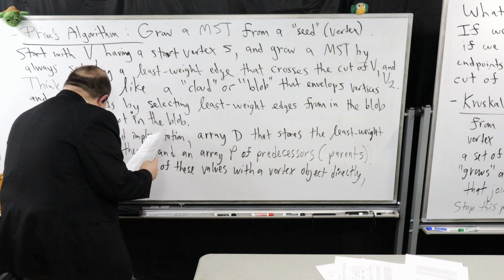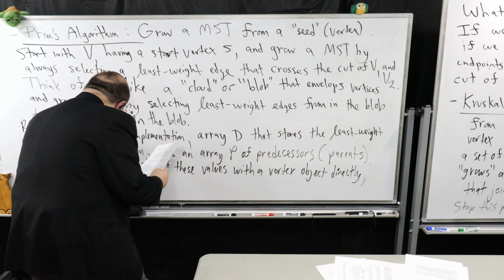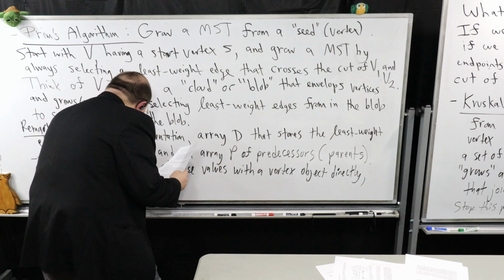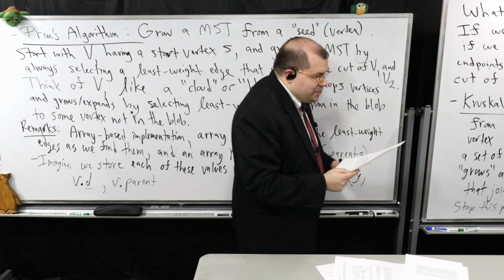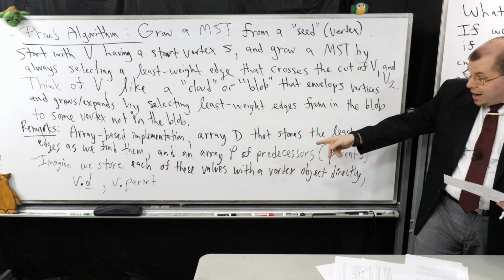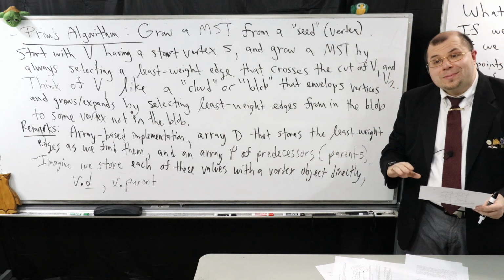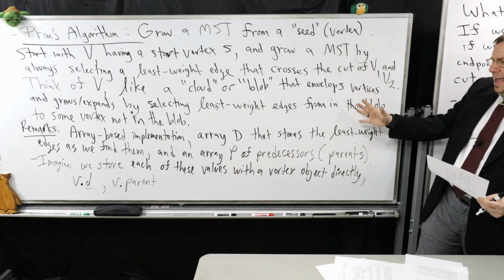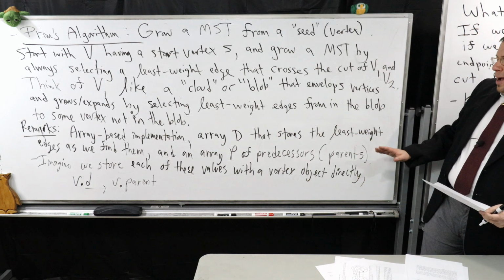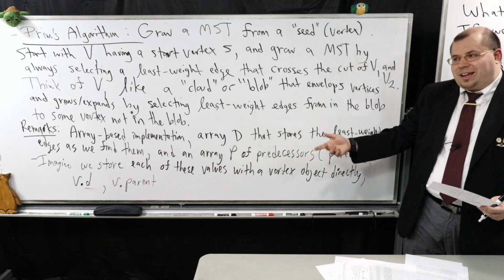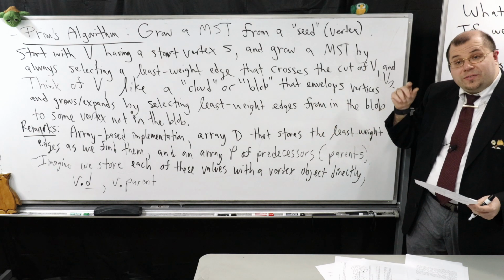And then I'm also going to have v.parent, which is going to store the predecessor or parent. So each vertex is going to have these two attributes. You're going to see it in our example. I assure you, it sounds like I'm laying a lot of stuff on you, but it's really nothing. I'm just storing all this information with the vertex objects.